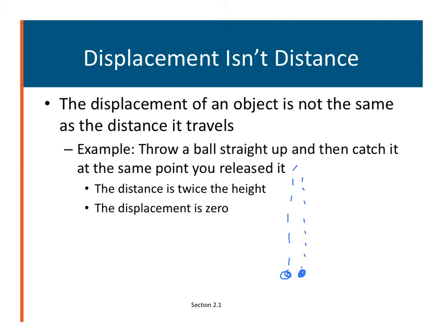It traveled some distance up, and we can call that x or y or whatever you want, and then it traveled that same distance back down. Another way you can think of it is that displacement is independent of path. It only looks at position, whereas distance is dependent upon the path. It depends on what path you take to determine the distance that you travel.